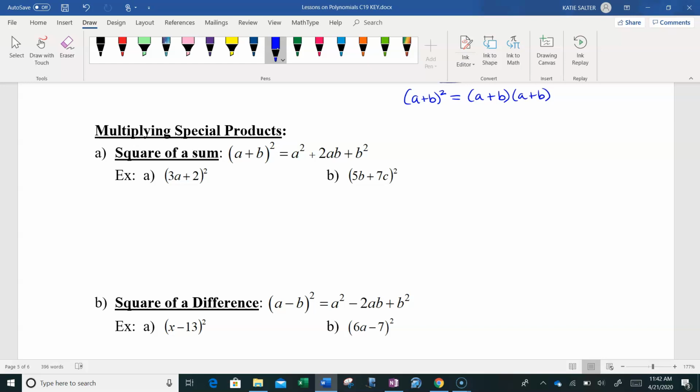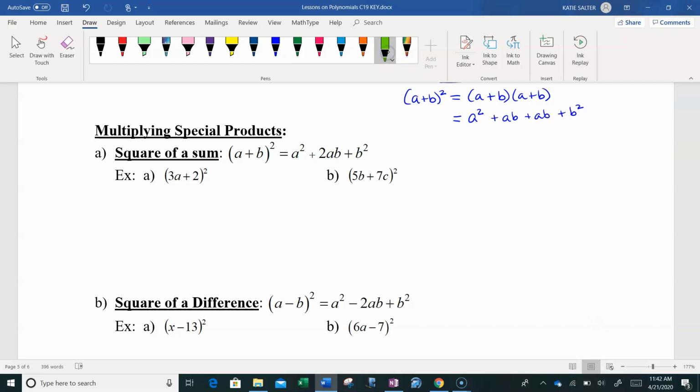So if I use one of the methods that we learned yesterday for multiplying a binomial times a binomial, let's say I use the FOIL method, that would give us a times a, which is a squared, and then for our outsides, a times b is plus ab. For our insides, b times a is also ab. I'm going to write it alphabetical and not write ba so that I don't get confused. And then last but not least, b times b for our last would give us plus b squared.